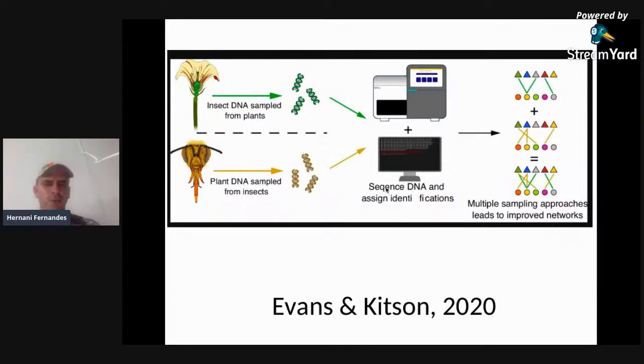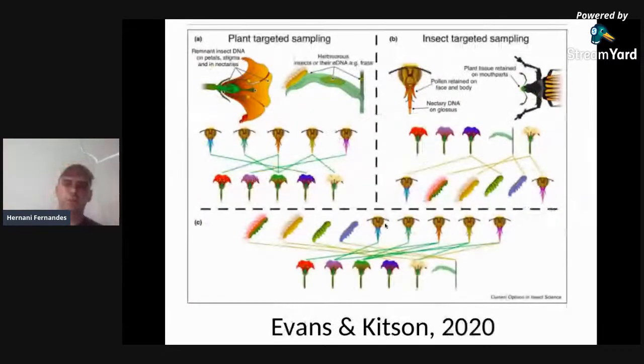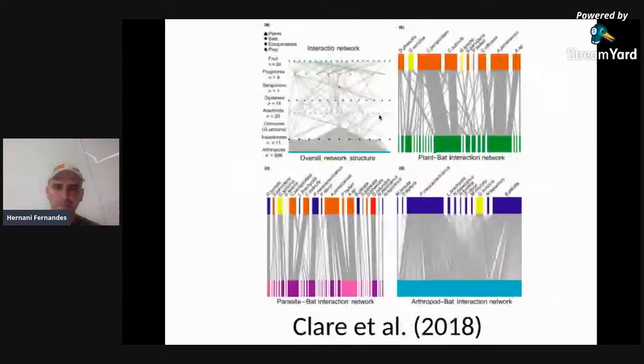And you can collect DNA from different surfaces, as I said, which you can use to describe different types of interactions. For example, you can sample DNA from flowers, where you can describe the visitors of the flowers, but you can also look at different perspectives. You can look at the DNA present on the body of a pollinator to see which flowers this pollinator has been visiting, and use this information to describe the network of interactions between the pollinators and the plants, or the plants and the pollinators, depending on where your focus is.